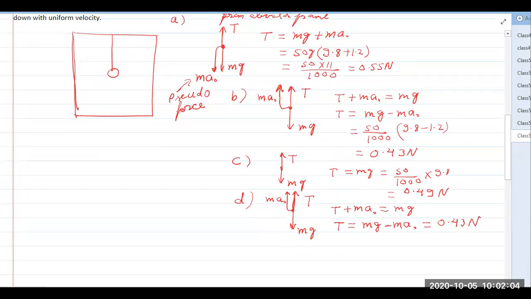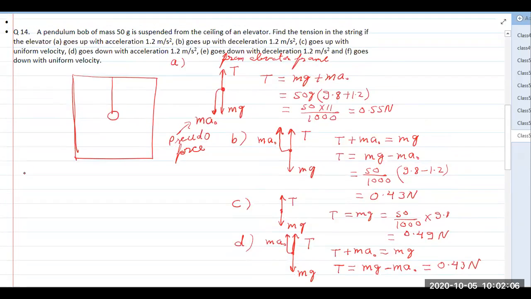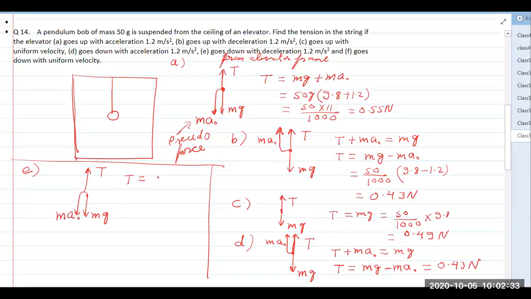Now we will see part E. In part E, it says goes down with deceleration. Goes down with deceleration means that is equivalent to upward acceleration. And if acceleration is upward, then pseudo force will act downward, and tension is upward. Since there is no motion, tension is balanced with m a naught plus mg.